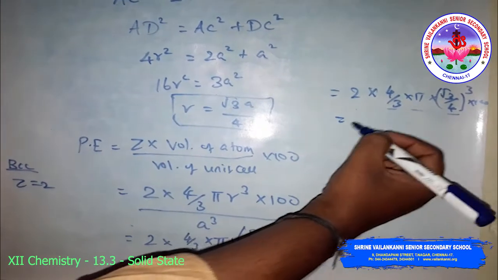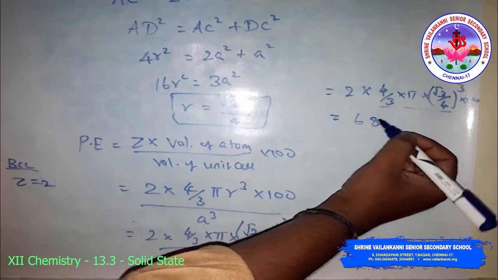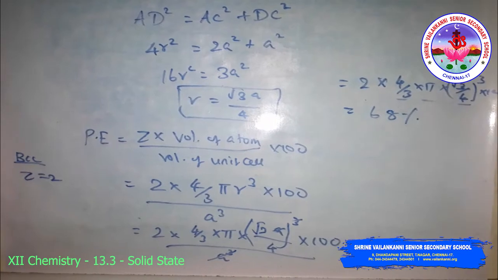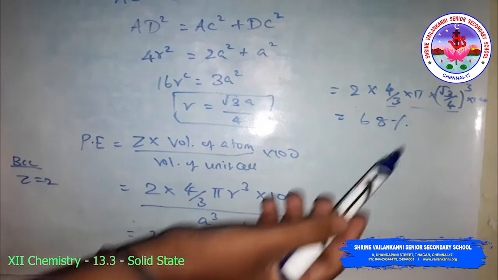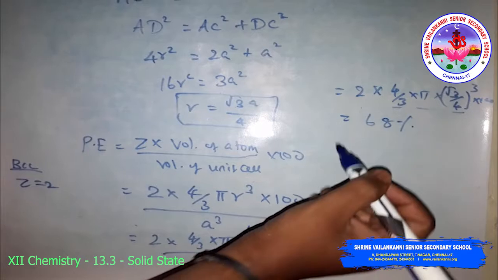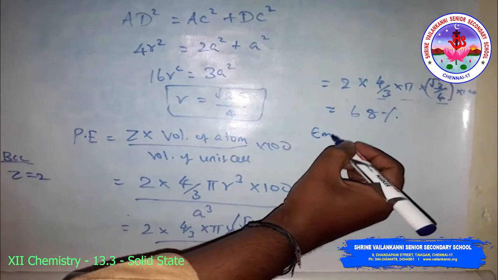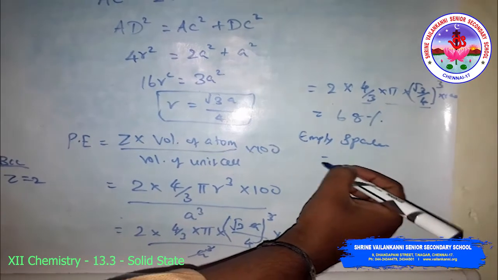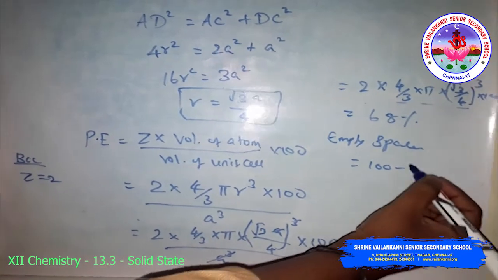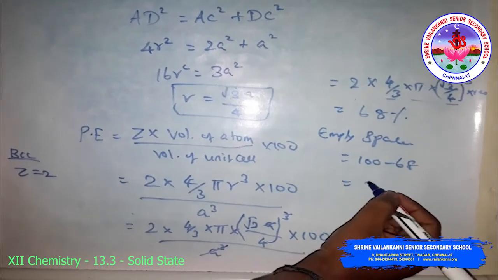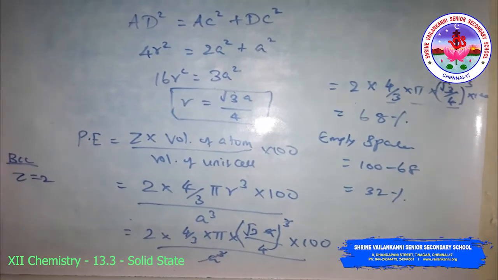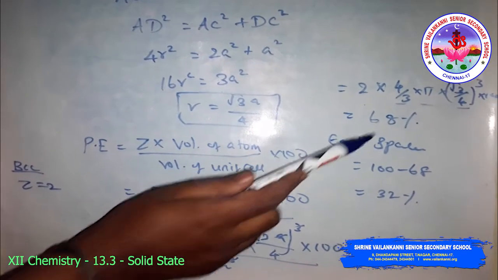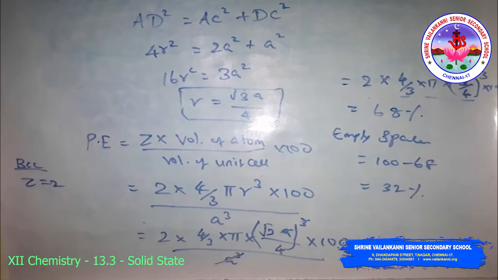After simplification you will get 68%. So pi value we know, so that is 68%. Here the empty space of the unit cell for that BCC unit cell is 100 minus 68, that is 32%. Packing efficiency for BCC atom is 68% and the empty space is 32%.